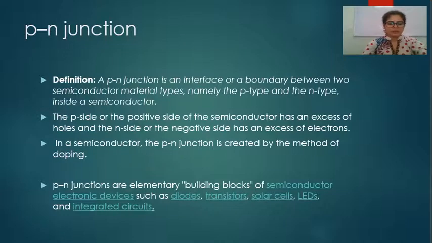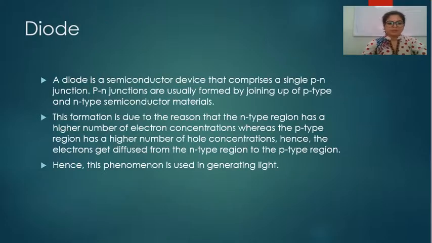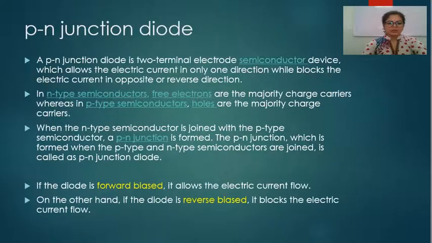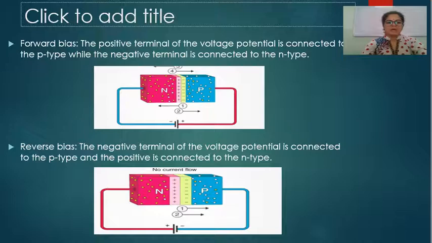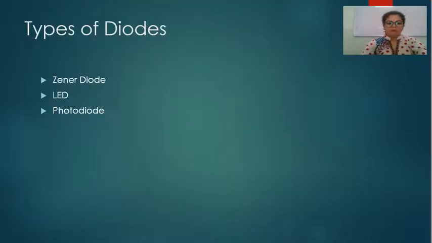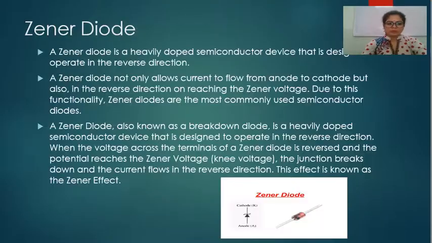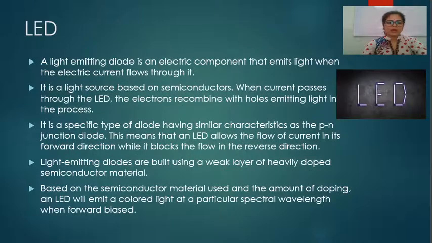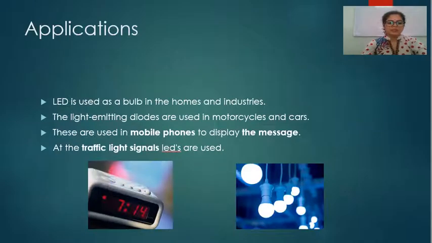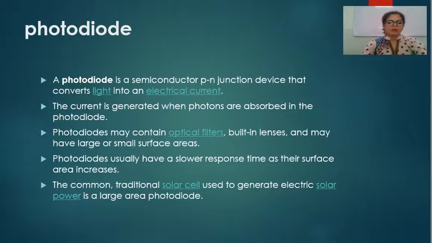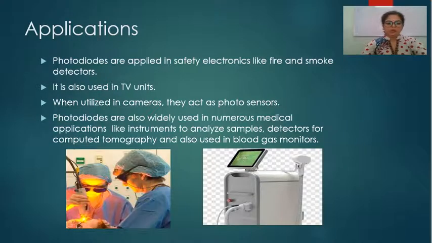Then after that, we have started with PN junction diodes. Then we have studied the PN junction diode, and in the PN junction diode, we have studied forward biased and reverse biased and different types of diodes, where we have studied Zener diode, LEDs, applications of LED, where we use LED, photodiodes, and where we use photodiodes.